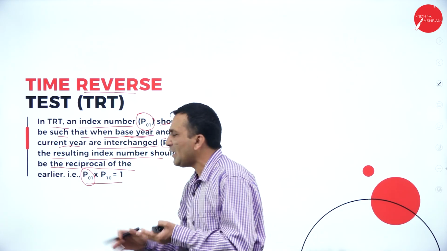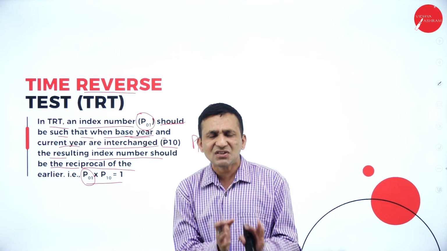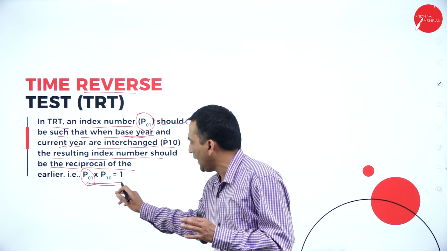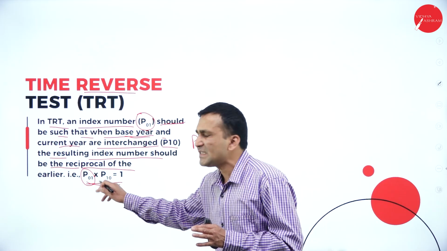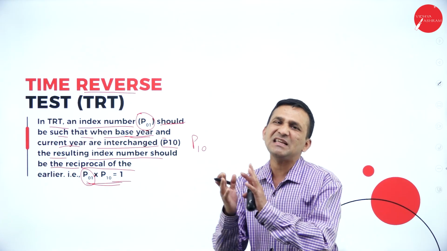Whenever you are using any formula like Laplace, Paasche, Marshall-Edgeworth, finally after doing the reverse, if everything cancels and you get 1, that means the time reversal is satisfied.